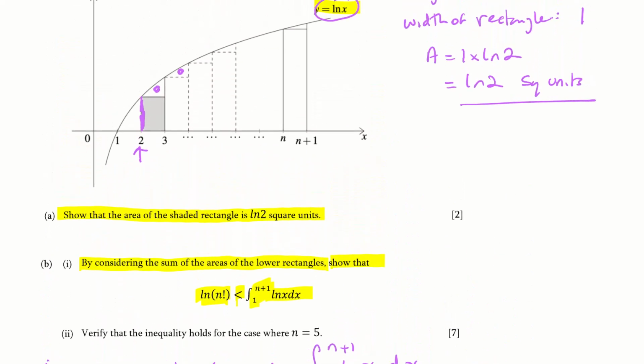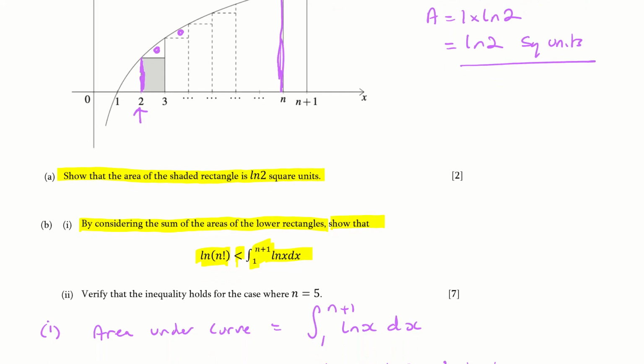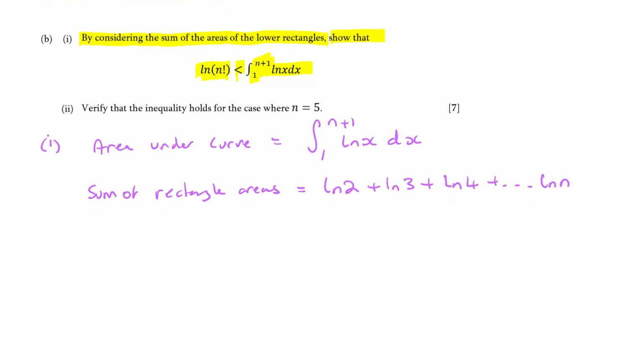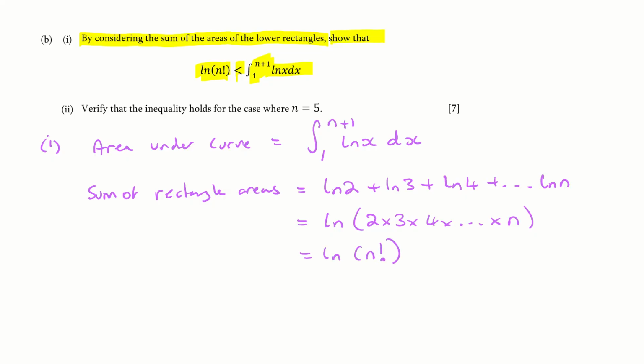The last one has a height of ln n, and therefore the area would be ln n. So that, using a log law, is ln of 2 times 3 times 4 times and so on up to n, which is ln n factorial.